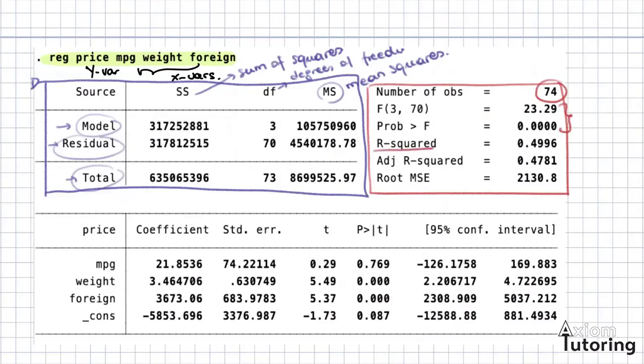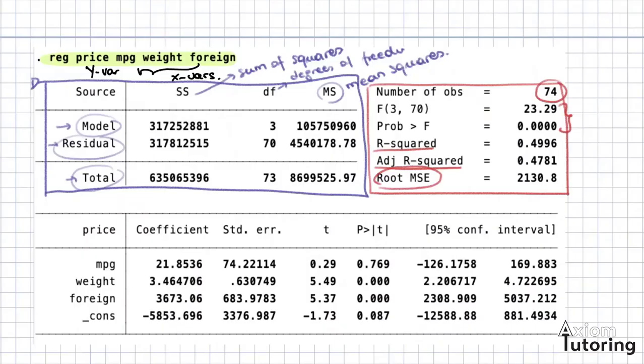We have the R squared and adjusted R squared. And we also have another piece of information here, the root MSE. Keep in mind that, as we said, we're going to have some information that up until this point of the playlist, we haven't explained exactly yet. So this video is just to point out the kind of information and not give you an intuition of exactly what this is telling you at this stage.